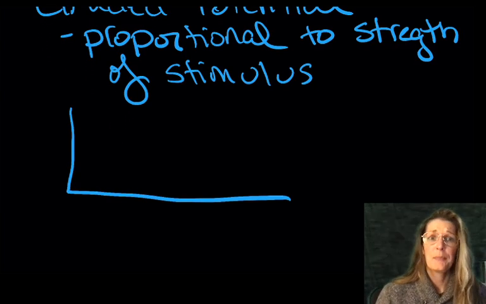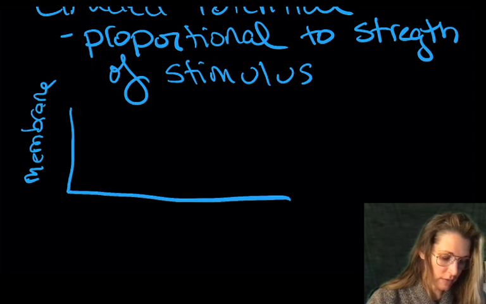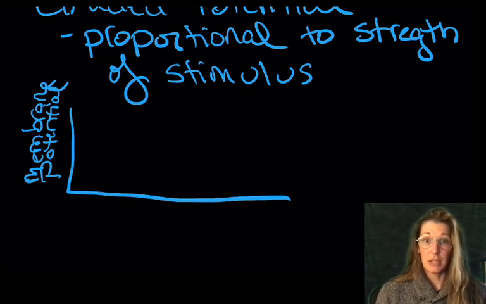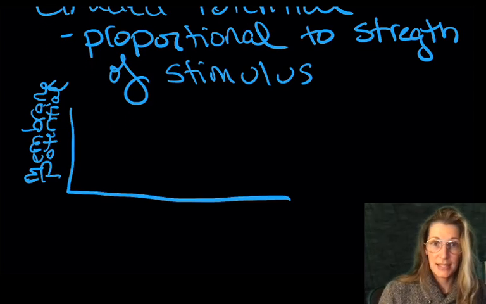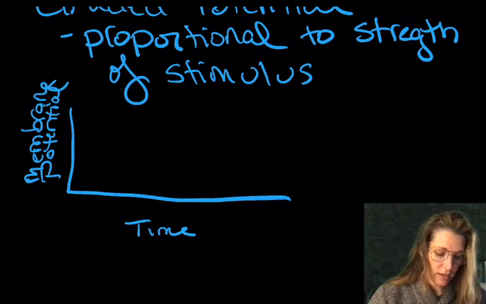So if we look at a plot and we have our membrane potential on the y-axis, and then we have our stimulus, and this is time down here. Let's say that we have a stimulus that comes right here.